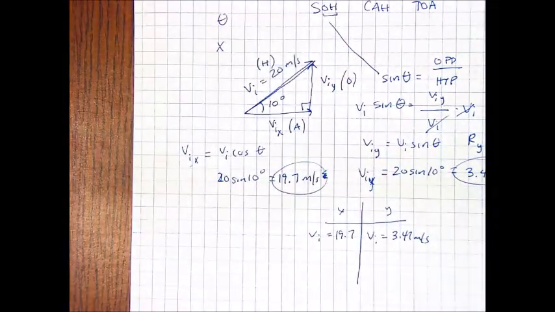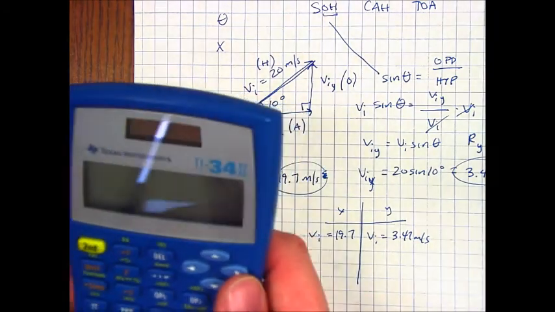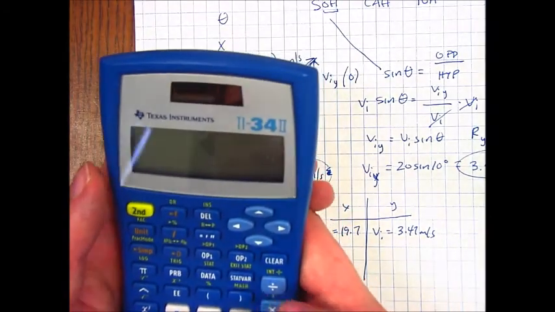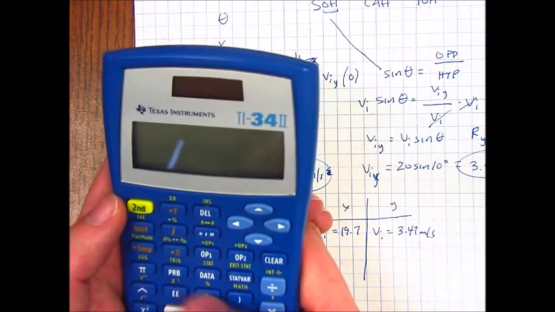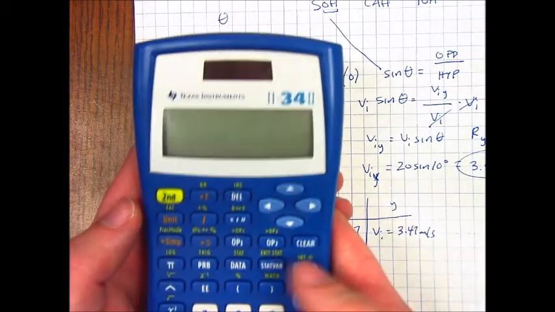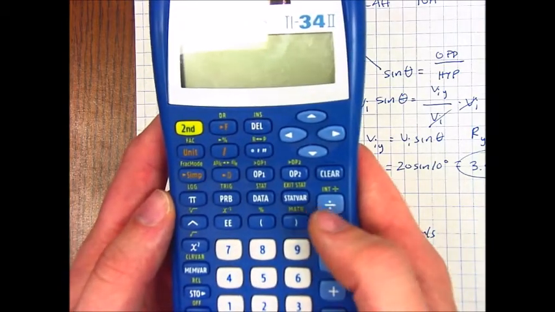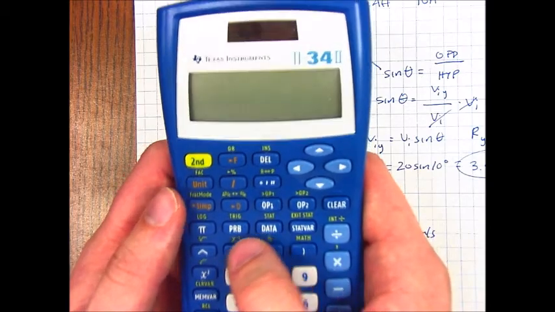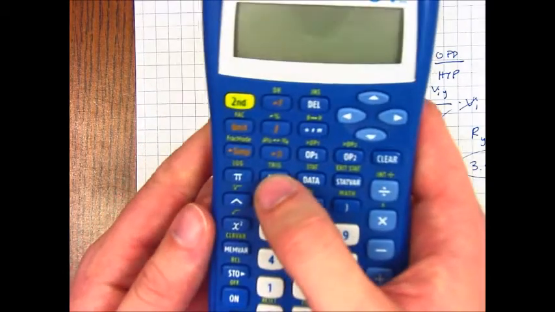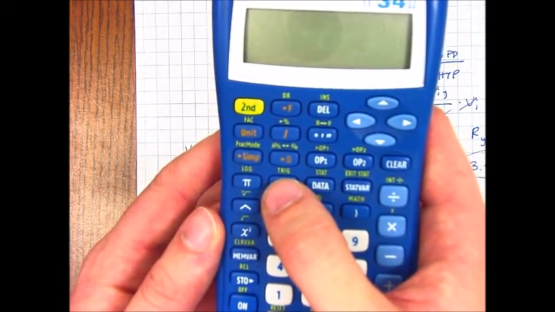In this case, this is the TI-34 II. All of the trig is in, like you notice there's no sine, cosine, tangent on here. So what we're going to have to do is go to trig. Notice the trig is a second right above my thumb there.